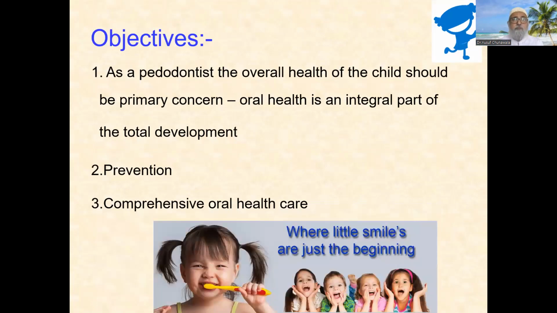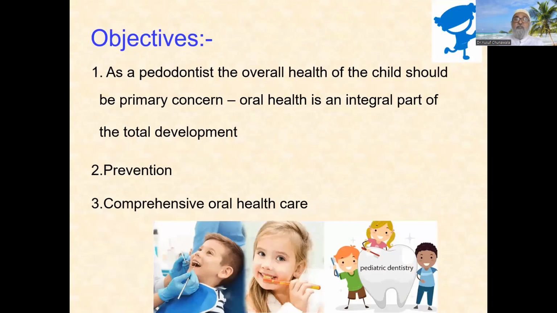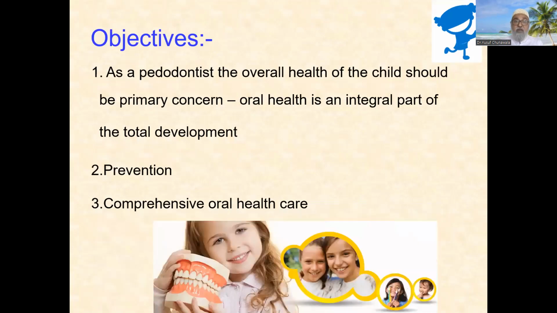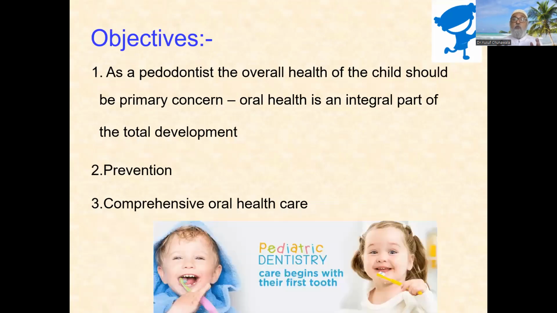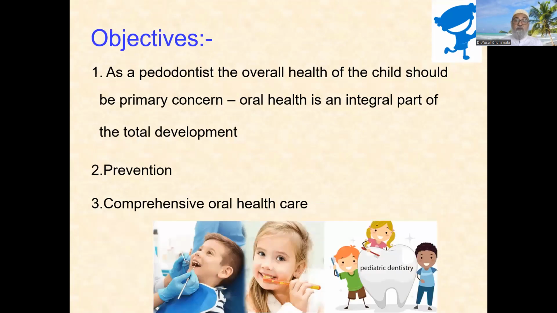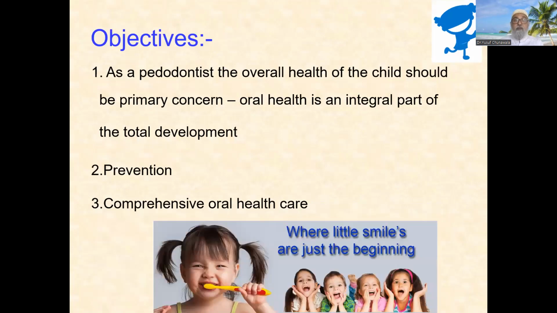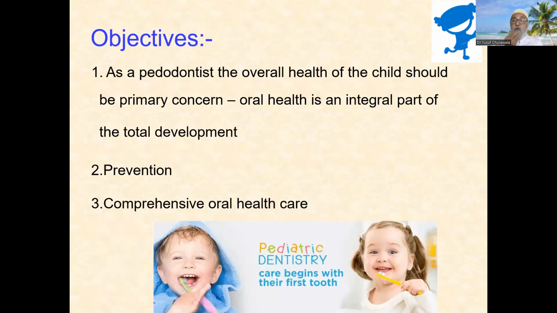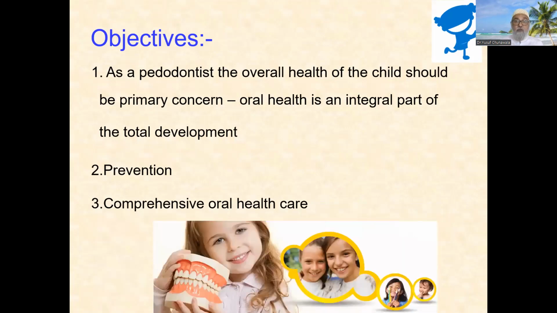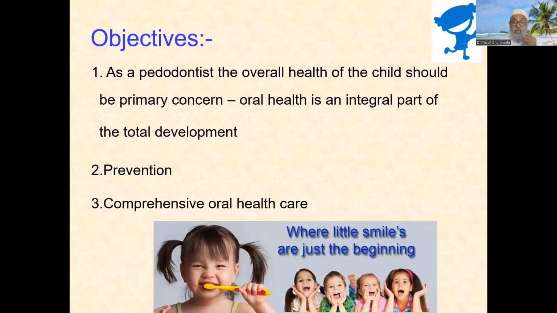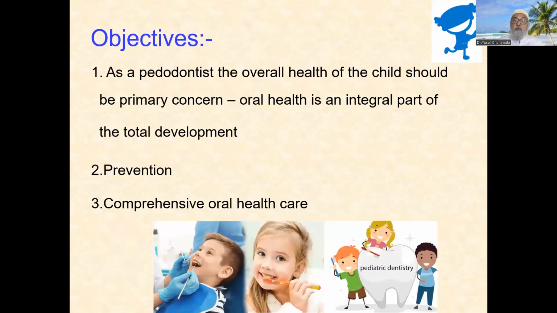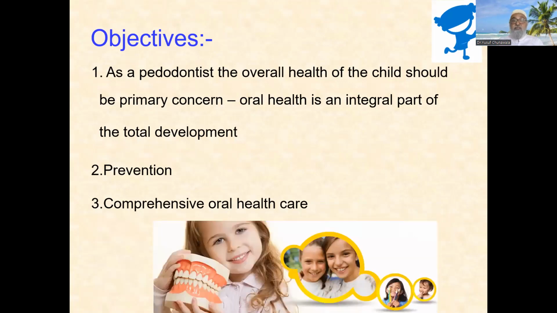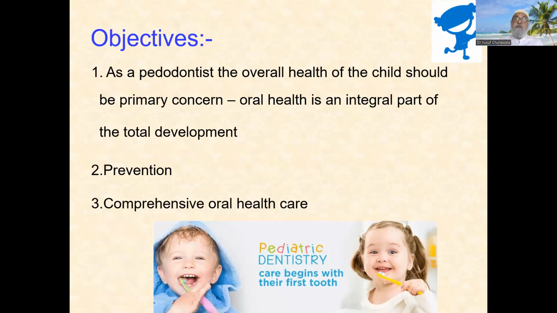Then comes the objective. As a pedodontist, the overall health of the child should be a primary concern because oral health is an integral part of total development. They say the mouth is the mirror of the interior of the entire body. Depending on how good the oral health is, the general health will simultaneously be good or bad.